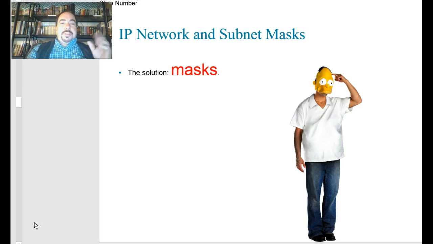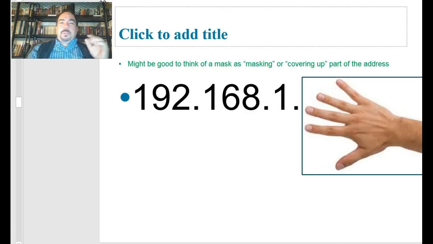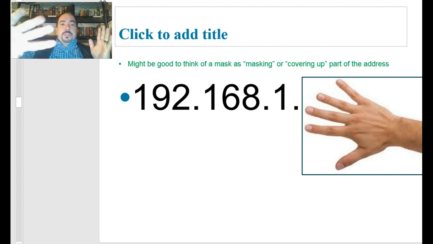So the thing that helps us determine what part of an IP address belongs to the network is called a subnet mask. And so that's why I have a Homer Simpson mask up here, just as a silly reminder of what we're talking about. Another way of thinking of a mask, this is the way I think of it, but if it doesn't help you, ignore this. It's a way of covering up part of the address.